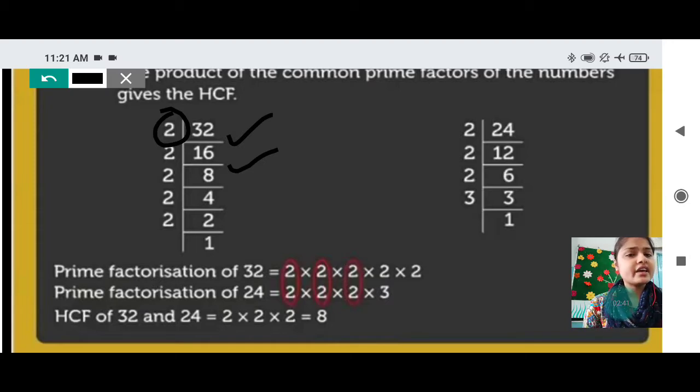Now again I will divide 16 by 2. If it is not divisible by 2, then we will divide it by 3 or 4. But if it is divisible by 2, we first try to divide it by 2 only.